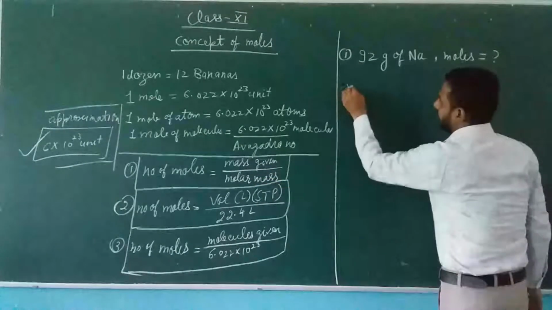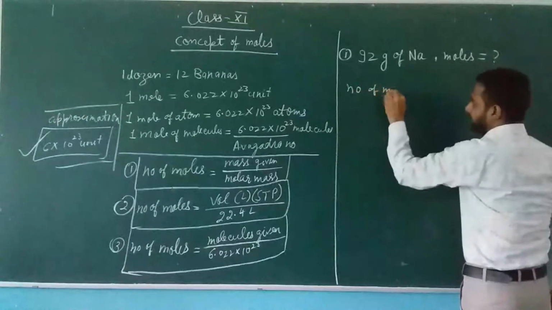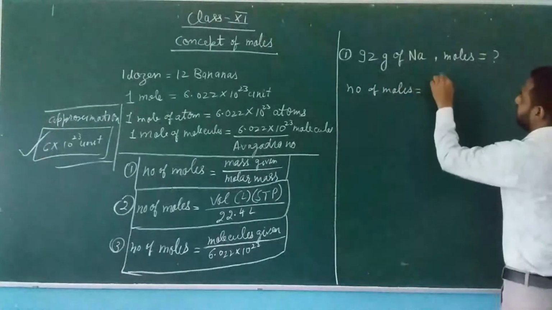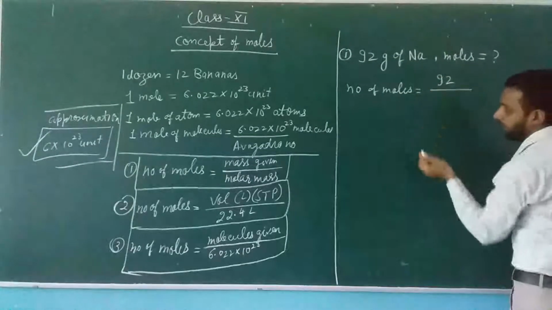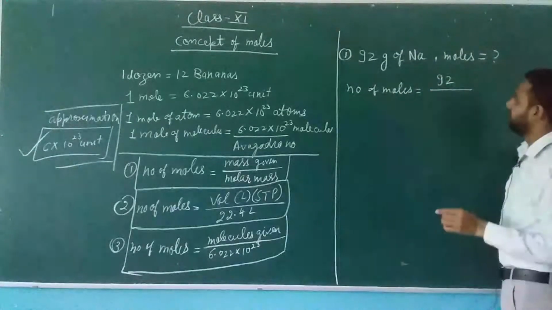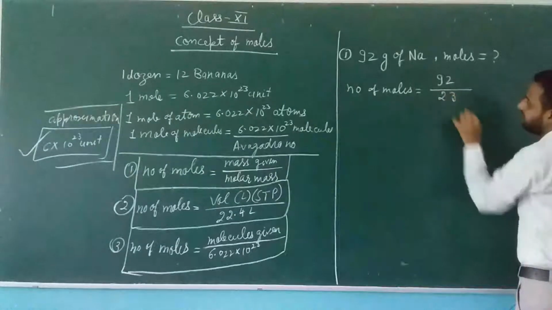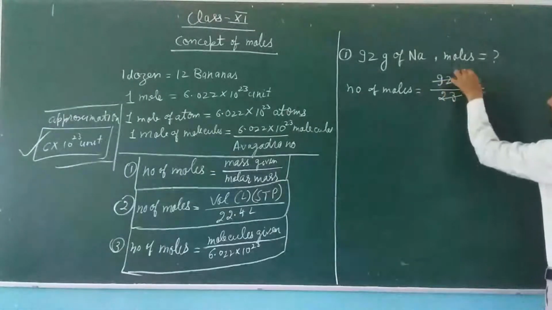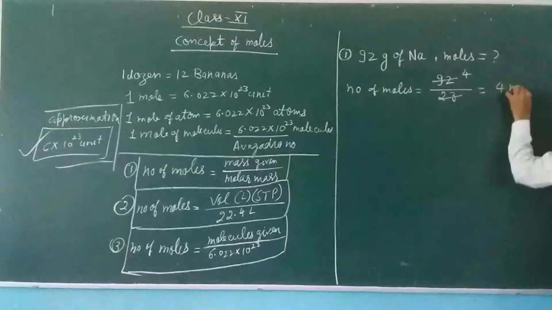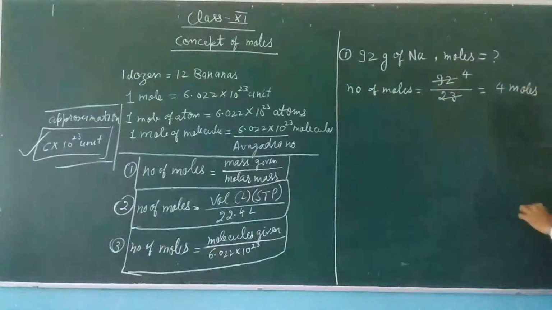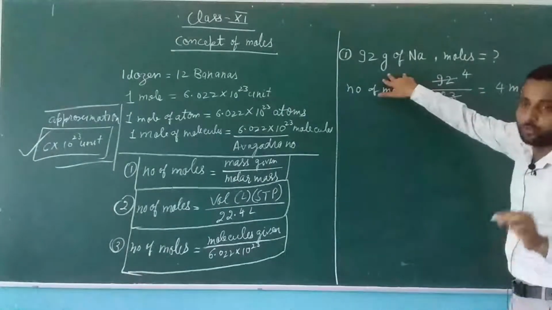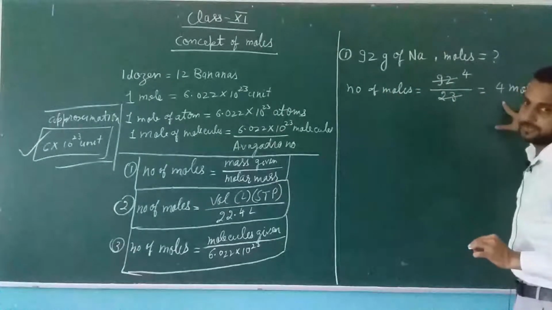Number of moles is equal to 92 upon molar mass, and molar mass of sodium is 23. So finally the answer will be 23 fours are 92, means 4 moles. So finally we can say that in 92 gram of sodium 4 moles are present.